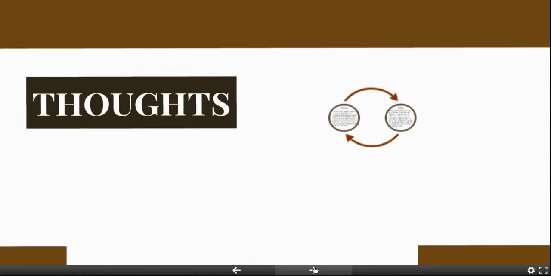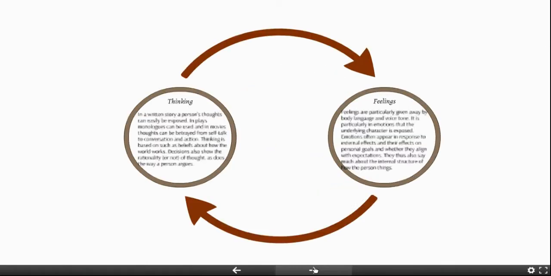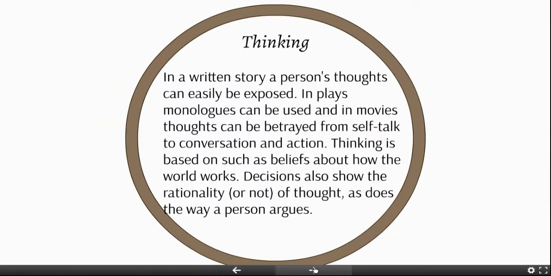So, speech. The second is thoughts. What a character thinks reveals a lot about somebody. That's true in real life. In plays, monologues are used very often. A character will talk to himself or will talk to the audience, and that's how we'll reveal what he's thinking. Conversations with yourself.